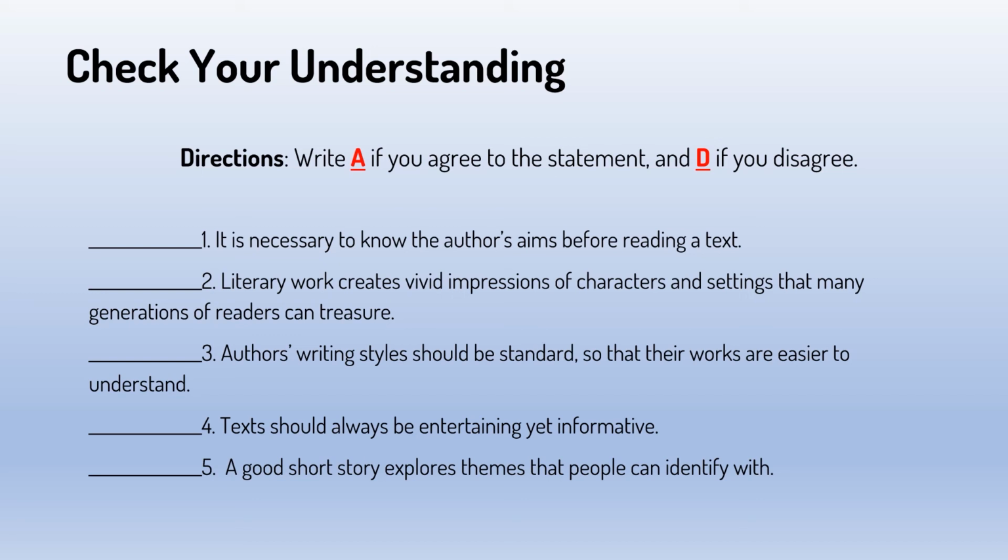Number 3. Authors' writing styles should be standard so that their works are easier to understand. And number 4. Text should always be entertaining yet informative. Last, number 5, a good short story explores themes that people can identify with.